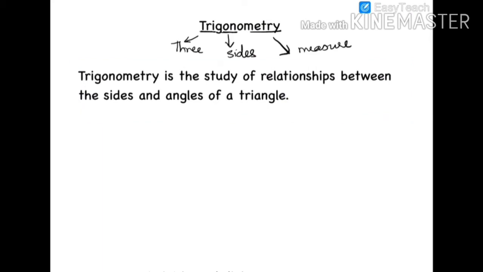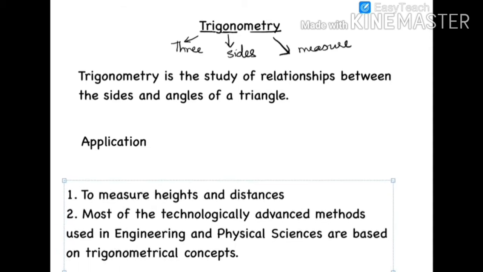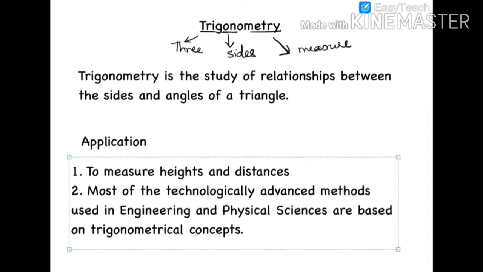And what are the applications? We just saw two examples where we can use it to find the height of the tower. We can use it to find some large distances. Like early astronomers used this technique to find out the distances of stars and planets from the earth.